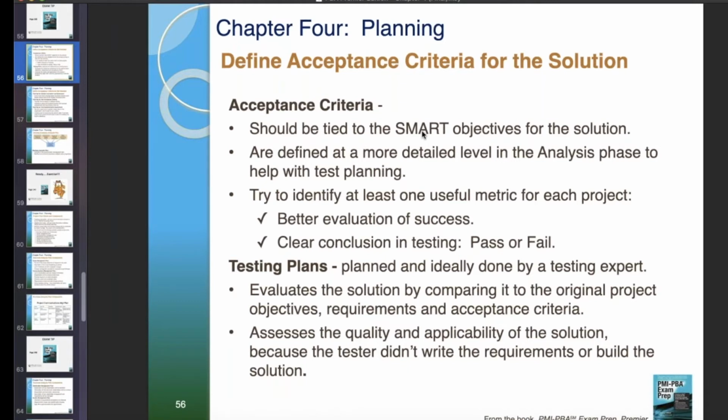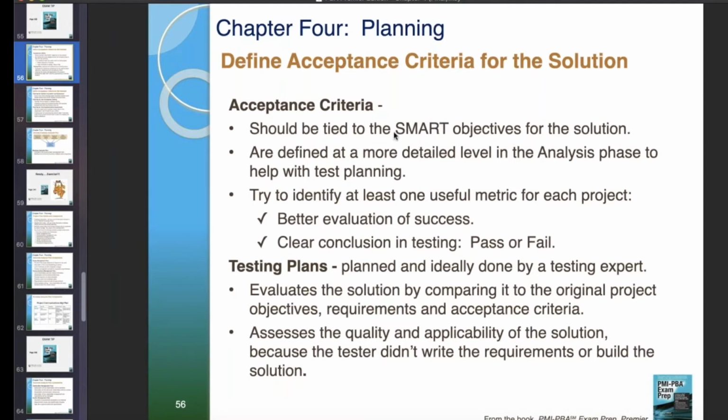Achievable, relevant, and time bounded, I think. I never remember that last one exactly. But specific, measurable, achievable, relevant, and time bounded. That sounds right.